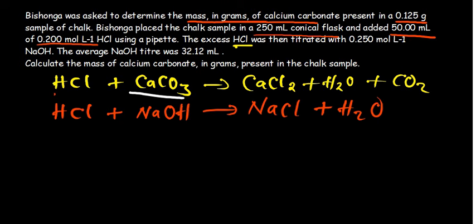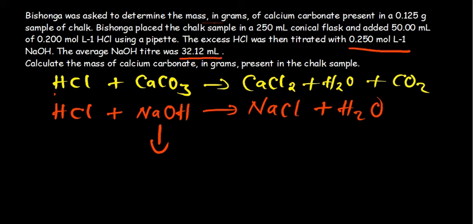Now if we're able to find the number of moles of our calcium carbonate, remember that we do know the molar mass of calcium carbonate. So at that point we're able to find its mass. So quickly, we'll start first of all from the second reaction. In our second reaction, what we had was 0.250 moles per liter of sodium hydroxide reacting. Its volume was 32.12 milliliters. So we can quickly find its number of moles.